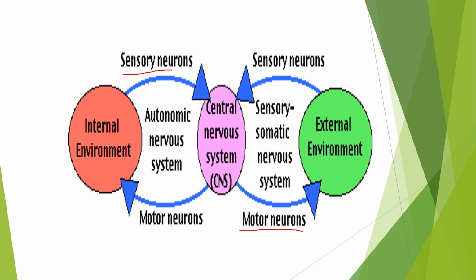In the external or the internal environment, what happens? The sensory nerve gives messages to the central nervous system, that is the spinal cord, and then it sends a motor nerve to the body part to carry the message. The same cycle happens in the internal environment.